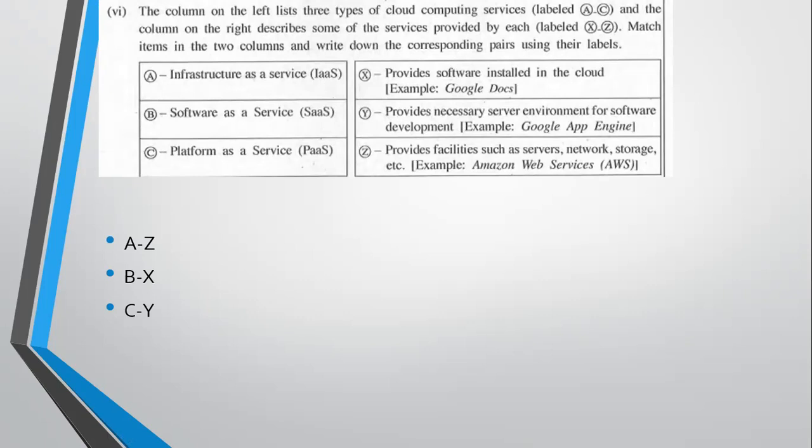Infrastructure as a service means it provides the necessary infrastructure facilities. So the answer is to provide facilities such as servers, network, and storage.